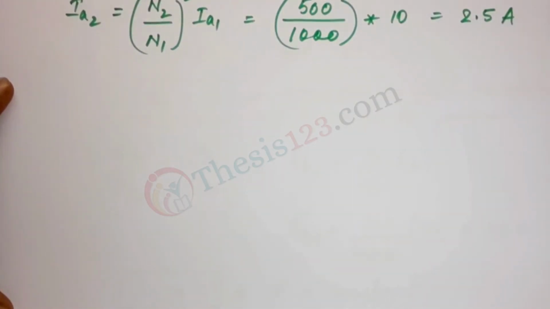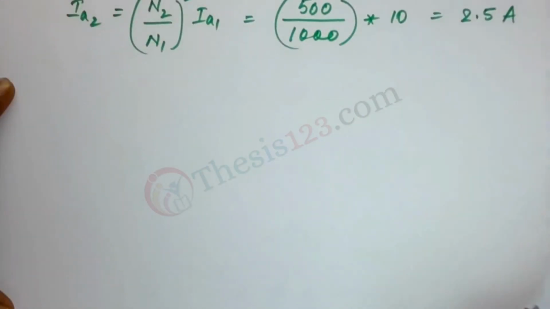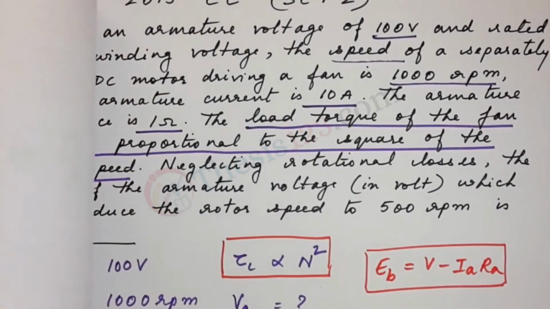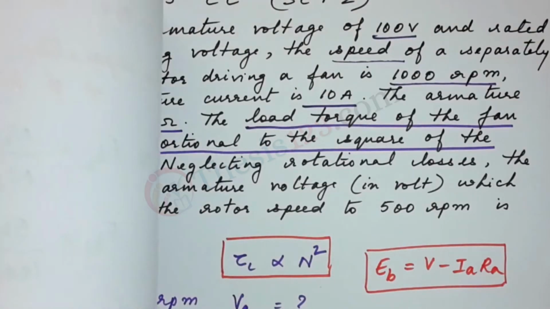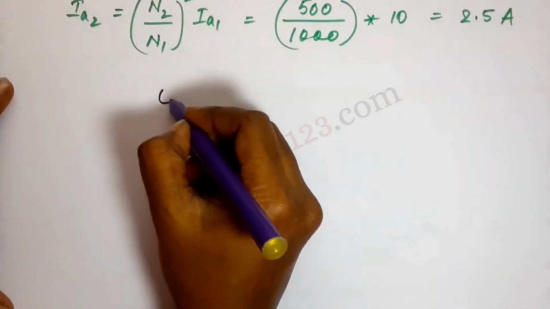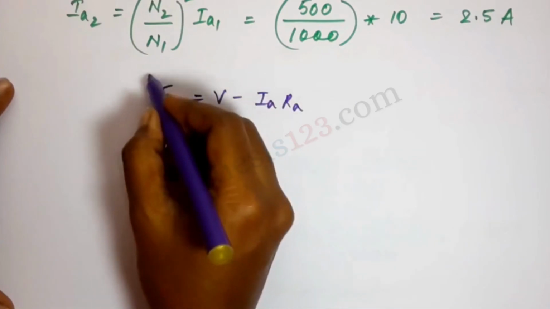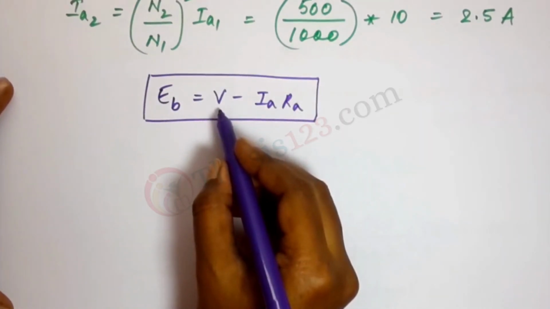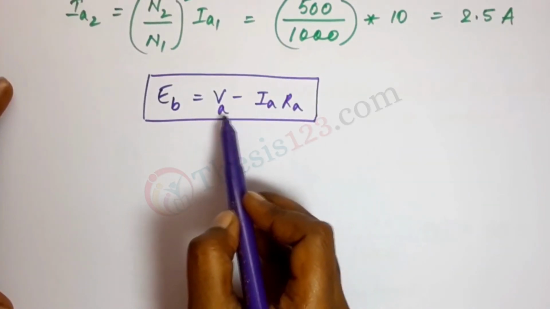So in the beginning here, on the previous page, we have written down the formula for EB. EB equals V minus IA RA, right? We are going to use that same thing to find out the value for V. This is the basic equation. Now we need the value of VA2.